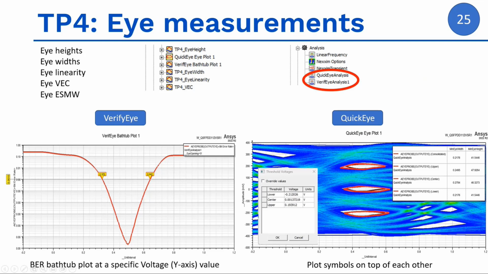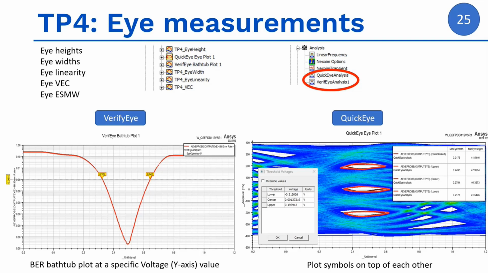So circuit designer, we need to measure them, we need to check them. Circuit Designer has 2 important solvers for eye analysis. Now we are deep into system analysis. One of them is called verify eye analysis, and the other one is quick eye analysis. The verify eye is the one that calculates the bit error rate, or the symbol error rate in case of PAM4, and generates the bathtub.